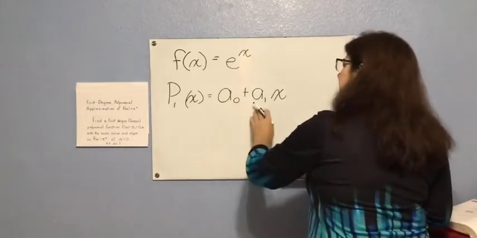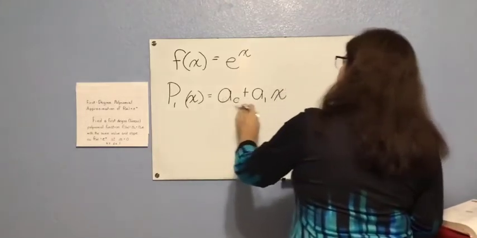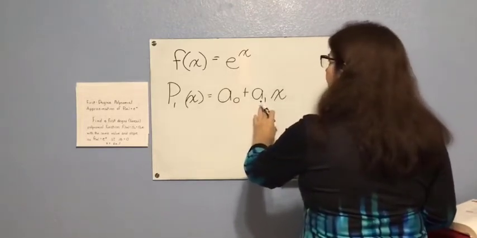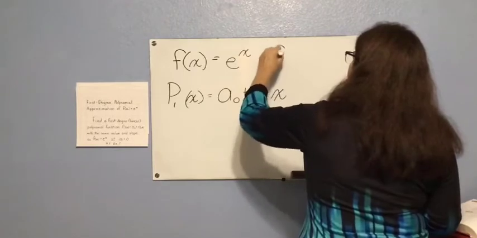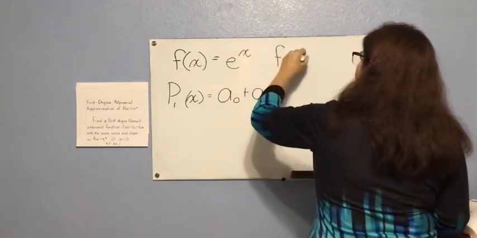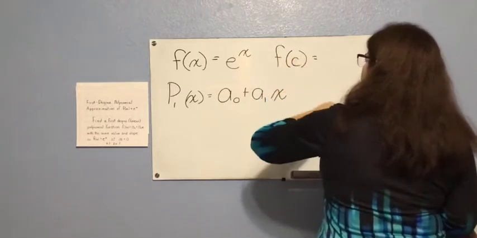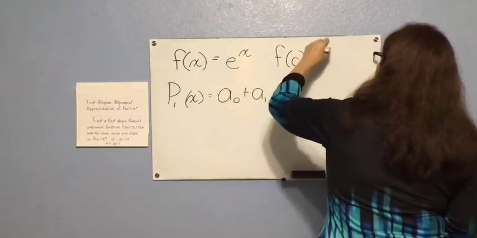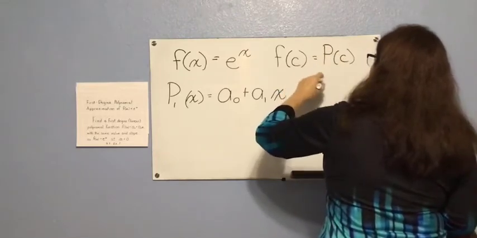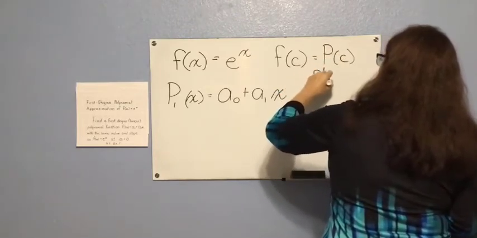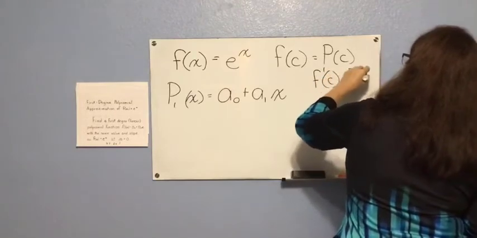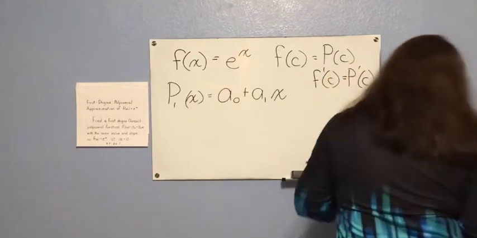But in this case, we're going to pick a sub 0 and a sub 1 so that they match, and that f of c is equal to p of c, and also f prime of c equals p prime of c.